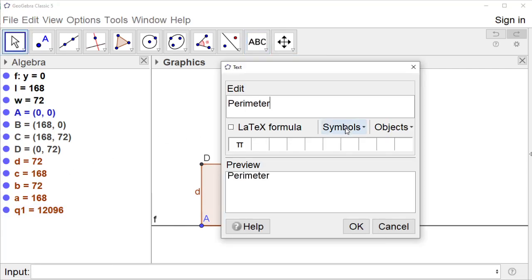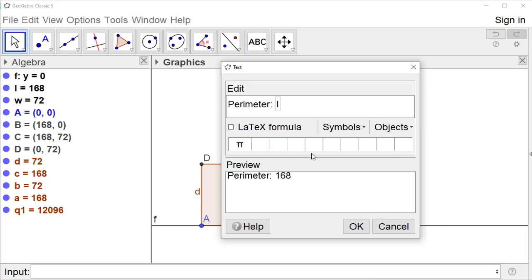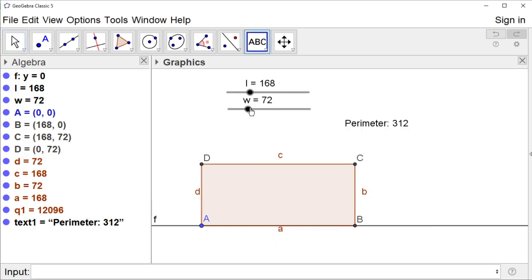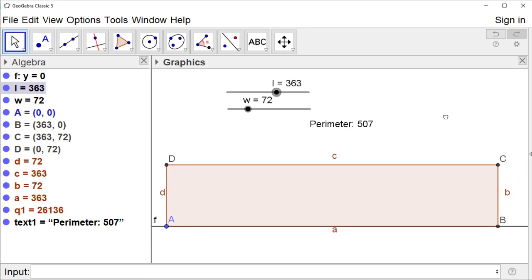So the perimeter of mine is an L plus 2 W's. Okay, so I'm supposed to use 600 meters of fence. So let's say, for example, I use 400 in the length.